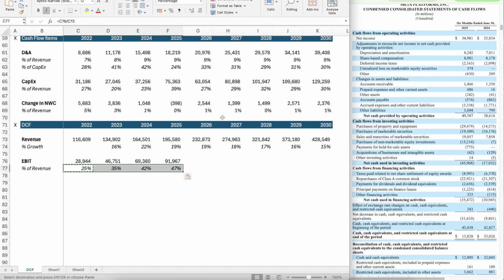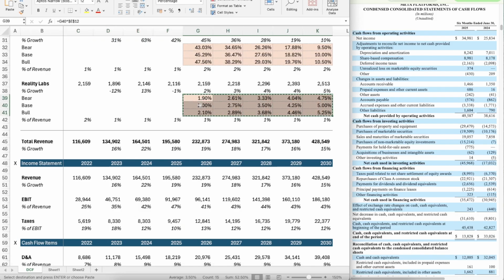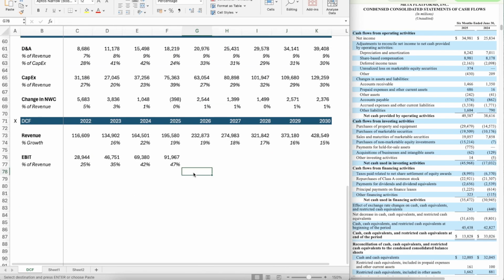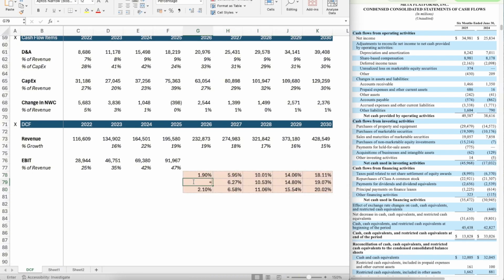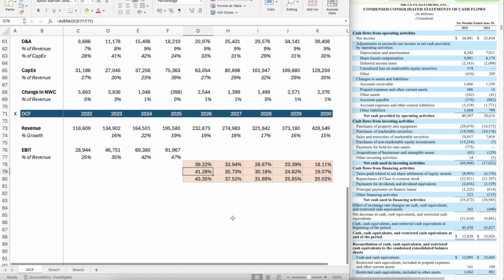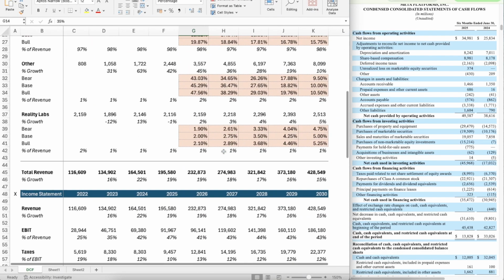We go to here, then let's just copy one of our boxes down. There we go. And let's say 41. EBIT margin, what should we say? Let's say it goes back to 35%, that's G14.